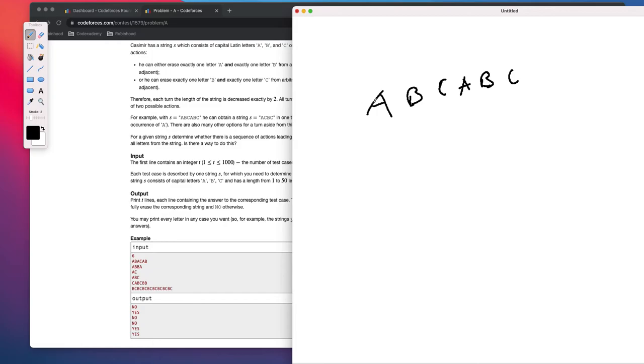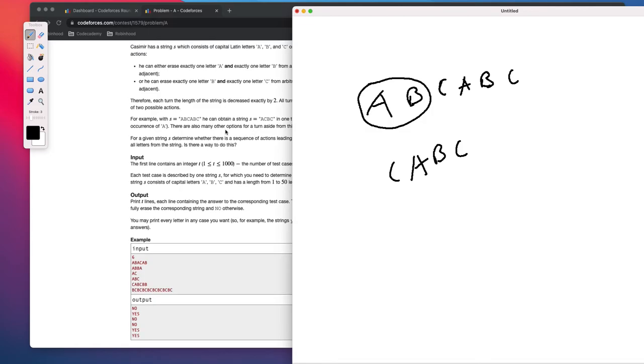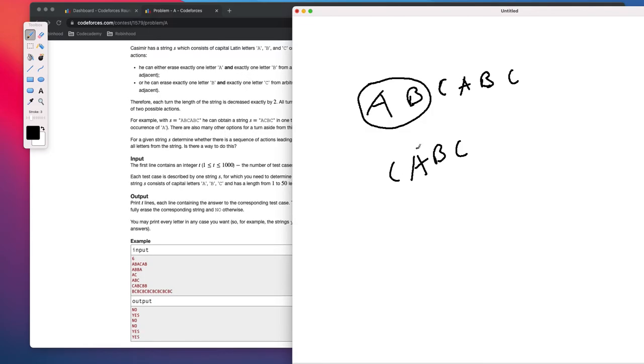In this case, in one approach I can remove AB, so now I have left over CA, BC. Now I can remove AB again. After this operation I still have some letters left, so it's not possible to empty it. So my answer will be no here.